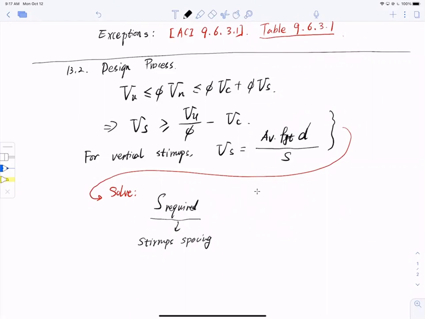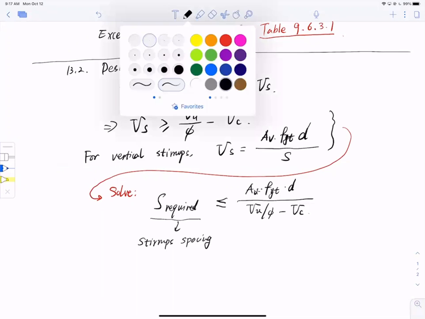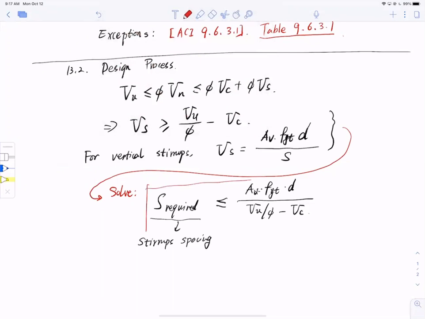We typically solve for spacing, okay? s required has to be smaller or equal than Av fyt d, where d is the depth of the beam, divided by Vu over phi minus Vc. All right? So this is typically the equation we need to design for stirrup spacing. So this is given the stirrup size.